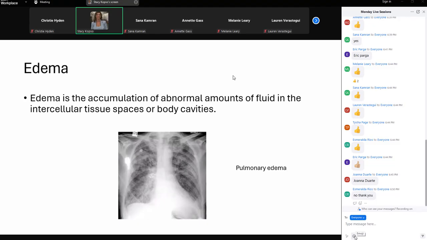You can see all of the increased lung markings and that fluid from the edema. Remember, edema is fluid. Fluid shows up white on an x-ray. So therefore, because of its thickness, you would have to increase your technique if your patient has fluid/edema in it.